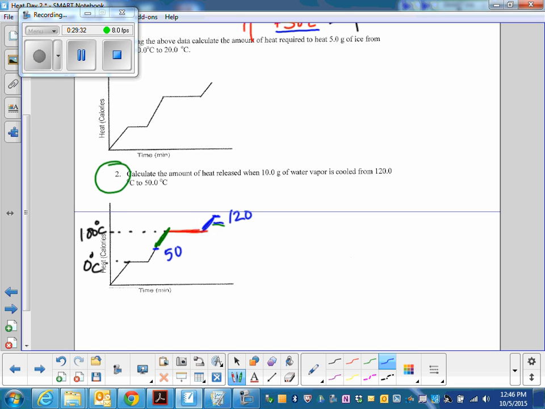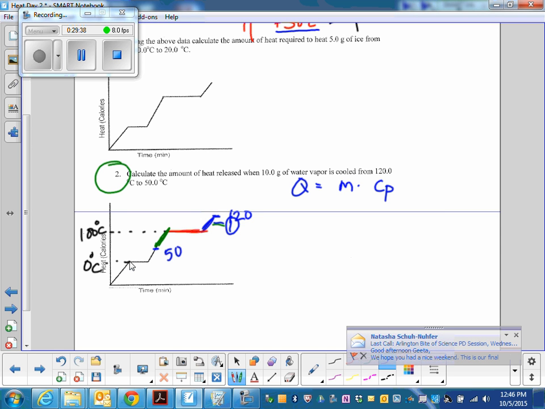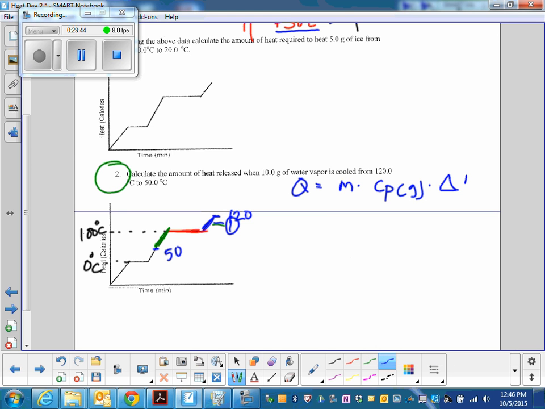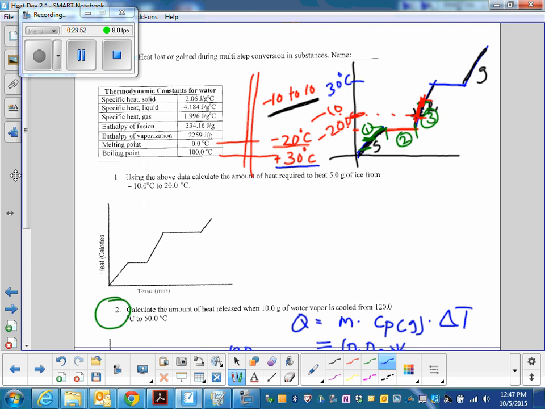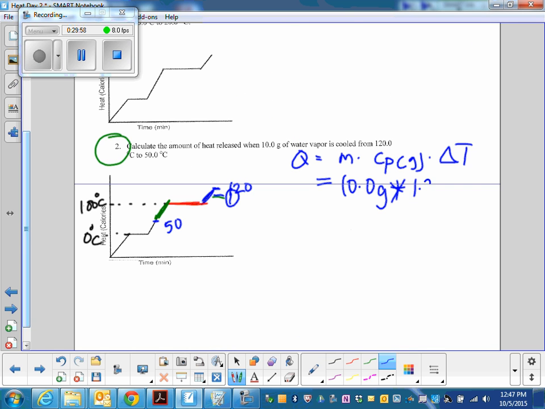Now, my first one is this. And the equation that I need to use is Q equals M times Cp of what? Cp of gas times delta T. The mass of my substance is 10 grams times, I go up to my table, what is the specific heat of my gas? 1.996. So 1.996 times, I have to calculate the change in temperature. And change in temperature is always T final minus T initial.